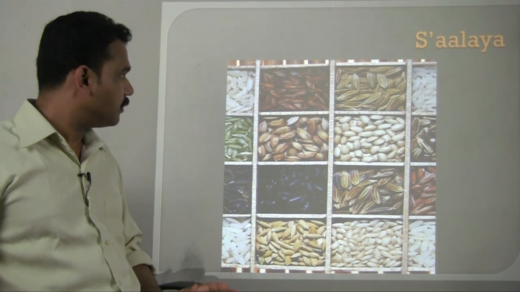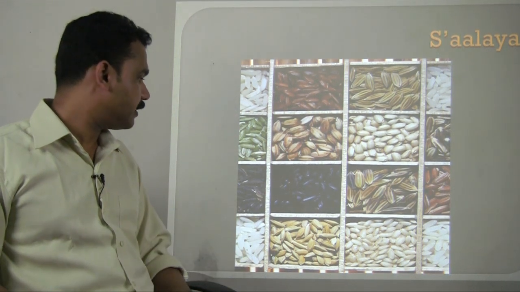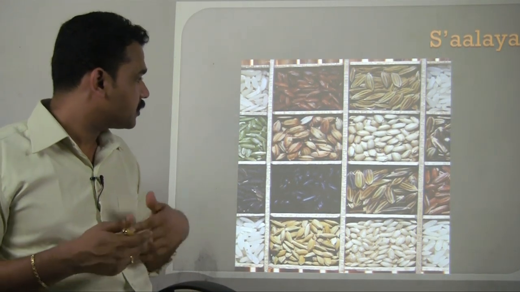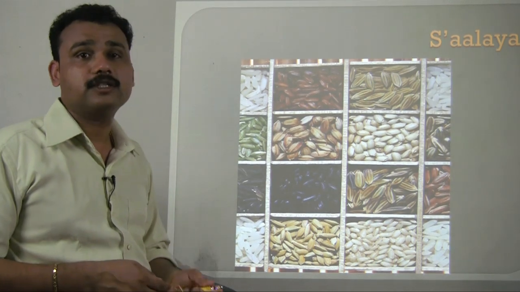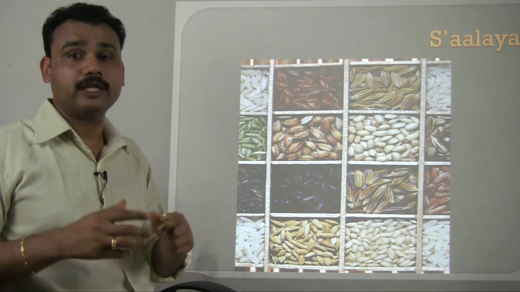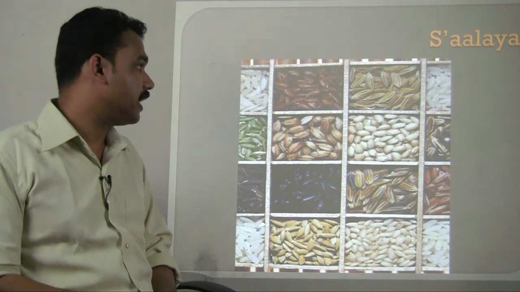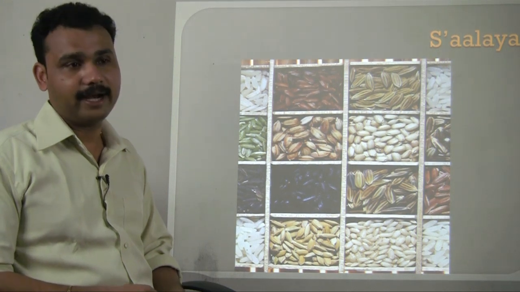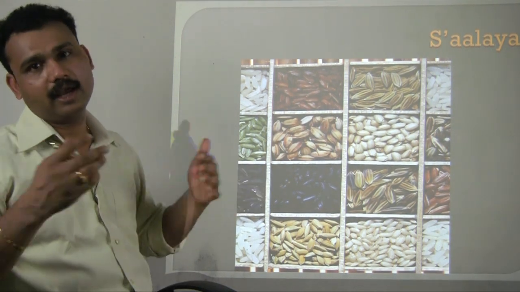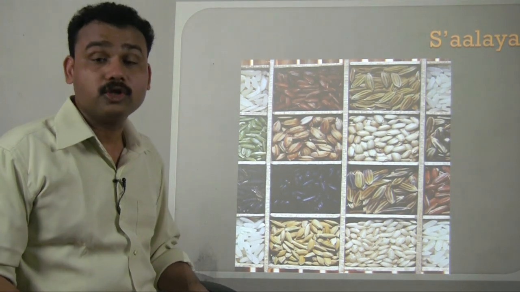Still, as I told, it is just to show you that there are so many varieties of rices. If you really go to a market where they export or sell different species of rice, you will get almost mad because you see hundreds and hundreds of varieties of rices in these shops.